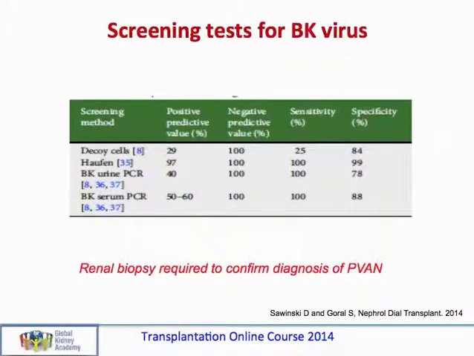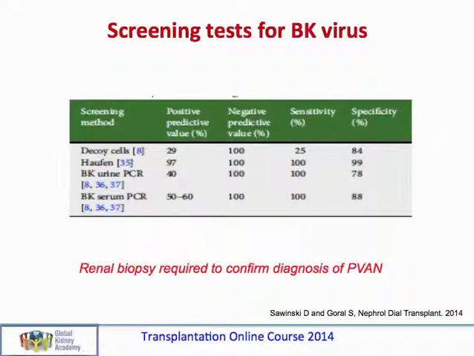And this table just summarises what I've just said, really, in terms of looking at screening tests in the urine. There's a real value in negative screening tests, but the positive predictive value of looking for BK in the blood or urine is pretty variable, really.